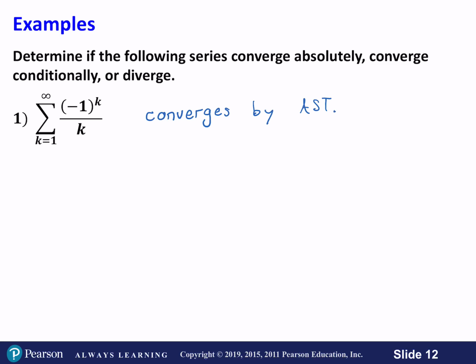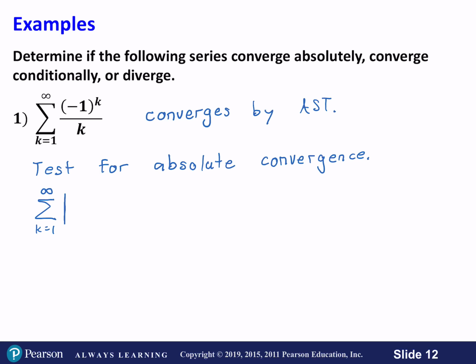All right, so now we've got to test if it's absolutely convergent or conditionally convergent. So we are going to test for absolute convergence. The way we do that is we are going to take the absolute value around our series. So I should be more careful. We're not taking the absolute value around the whole series, just around a_k.